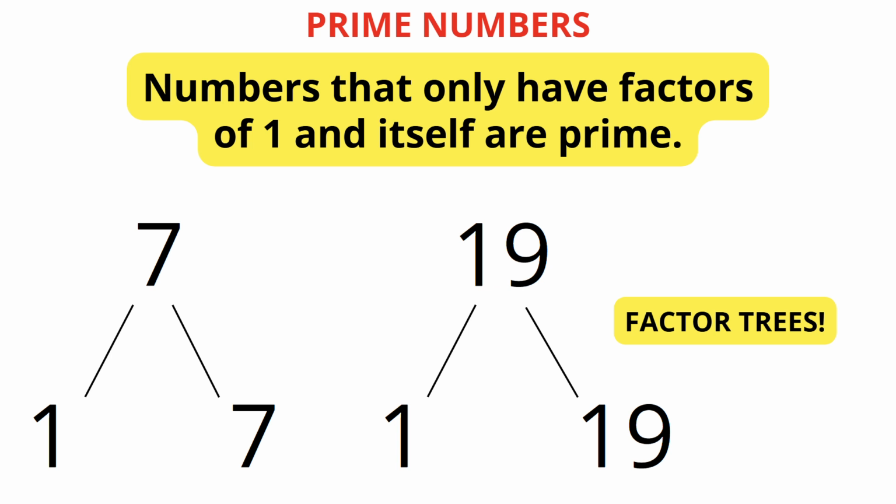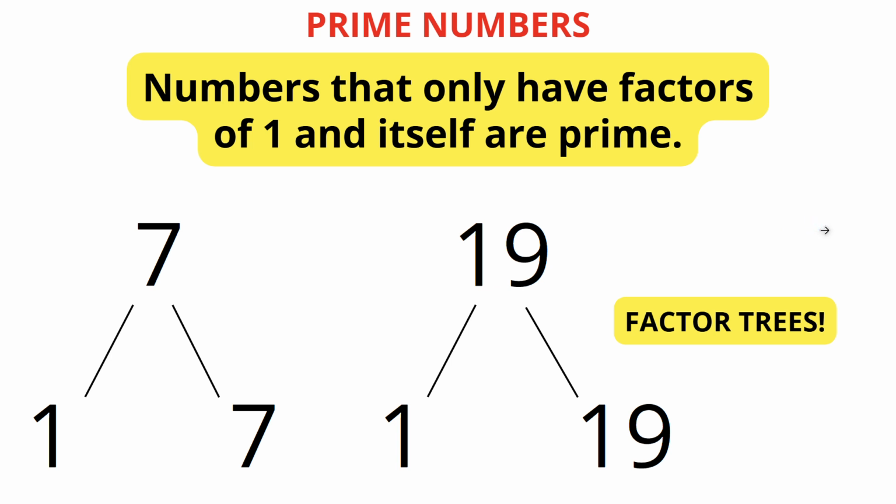And in 19, only 1 and 19 multiplied together to be a big number of 19 with the factors of 1 and 19. Both of these numbers only have factors of 1 and itself, and they're called prime.